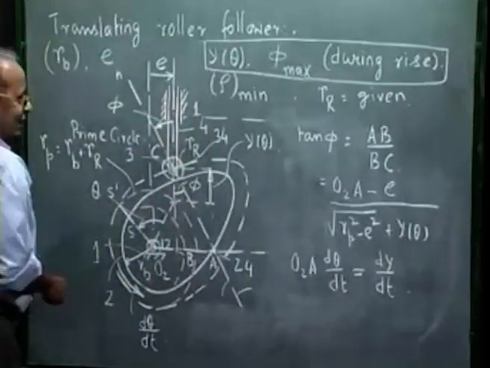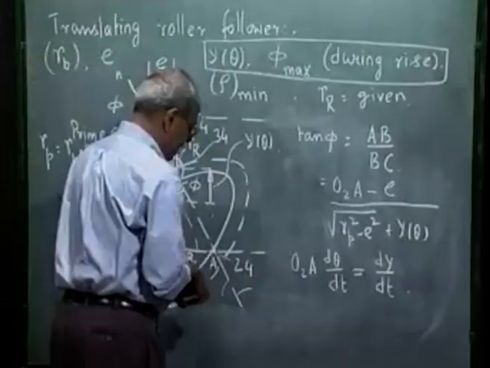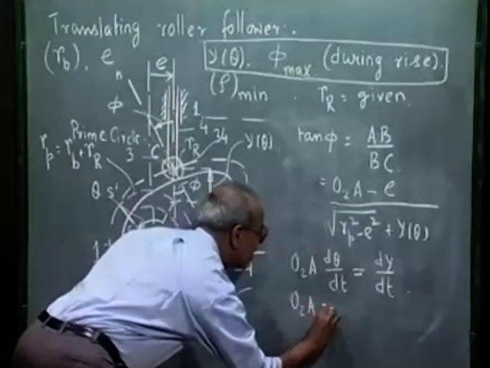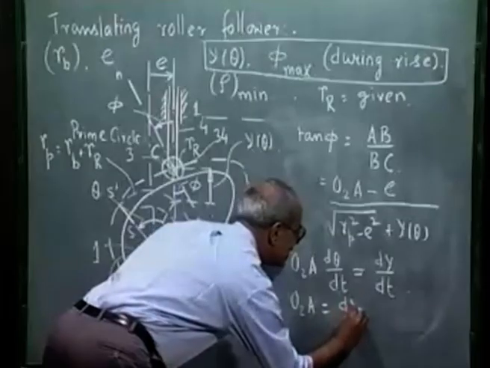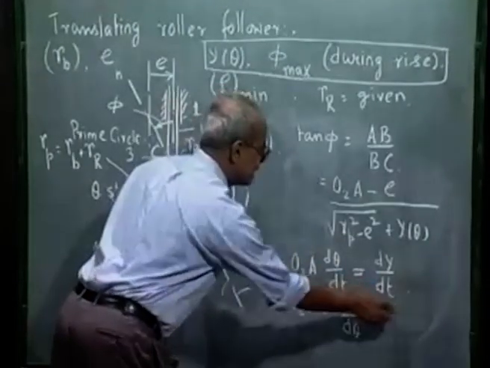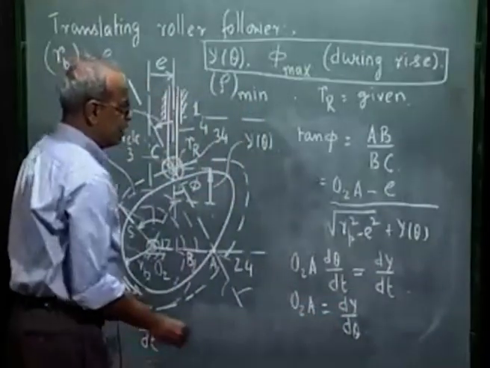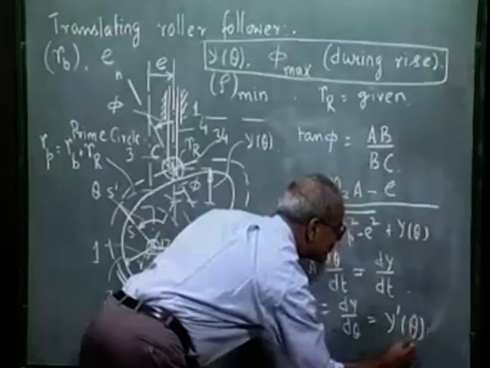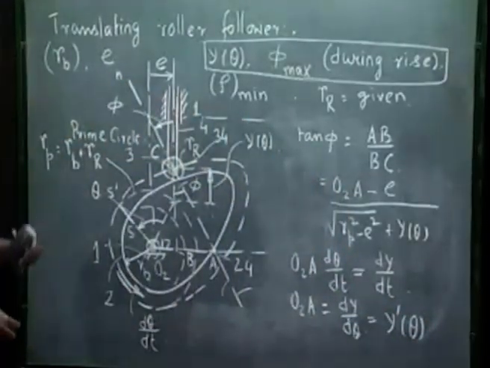So that clearly tells me O2A is nothing but dy d theta. dy dt divided by d theta dt gives me dy d theta, which I write as y prime theta, where prime denotes the first derivative with respect to theta.